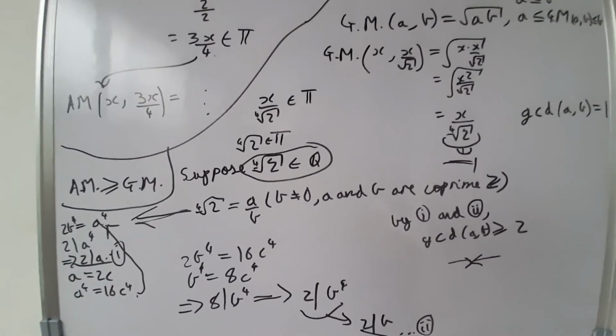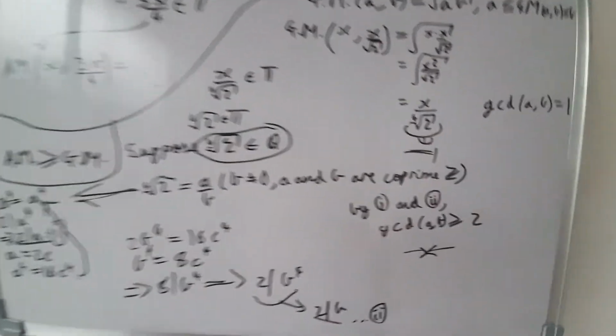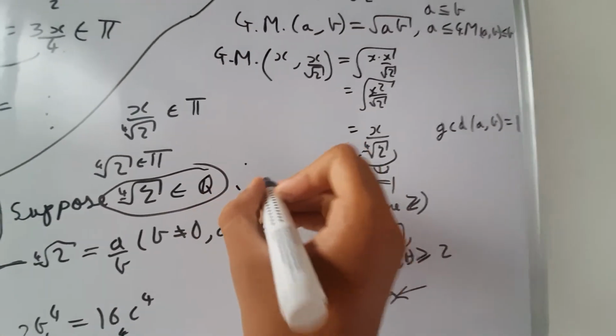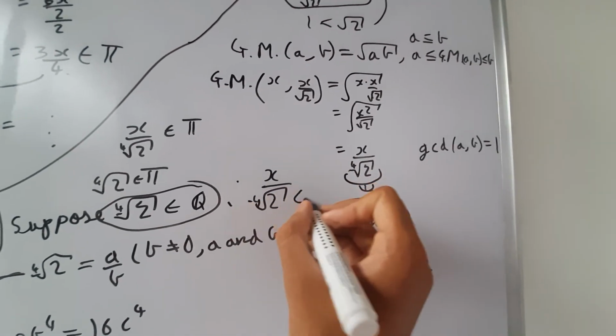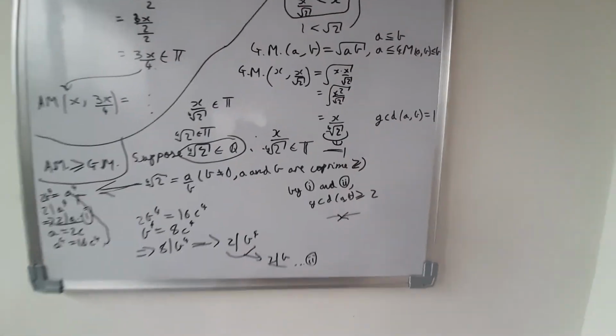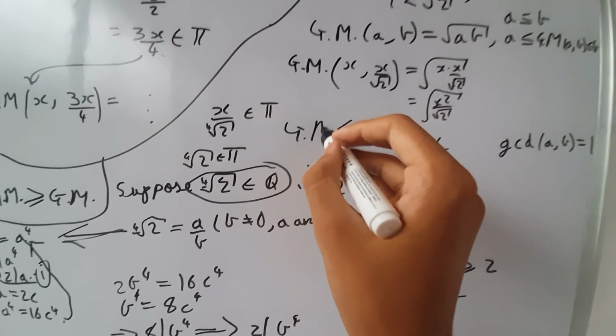So basically we've proven that the fourth root of 2 is an irrational number, and therefore x upon the fourth root of 2 is an element of the irrational numbers, which means that we can repeat this process cyclically and again take the GM.